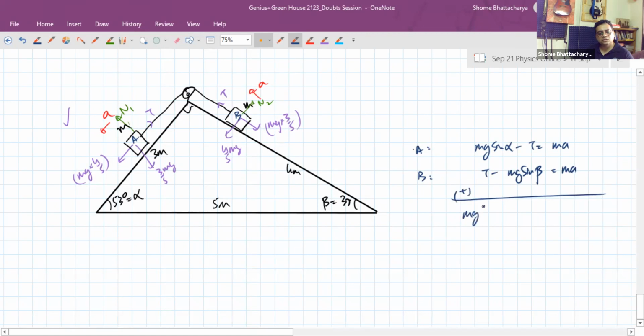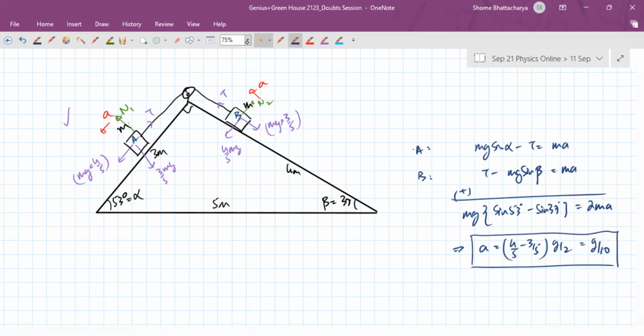So mg sine 53 minus sine 37 is equal to 2ma. So a, as you can see, will become 4 by 5 minus 3 by 5 into g by 2. So I believe that should become g by 10. So what did we have to calculate? The magnitude of the acceleration. So that's it. No?